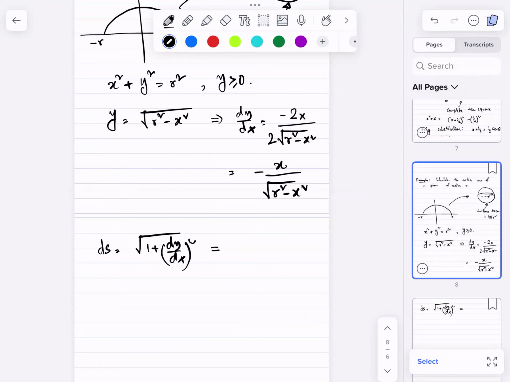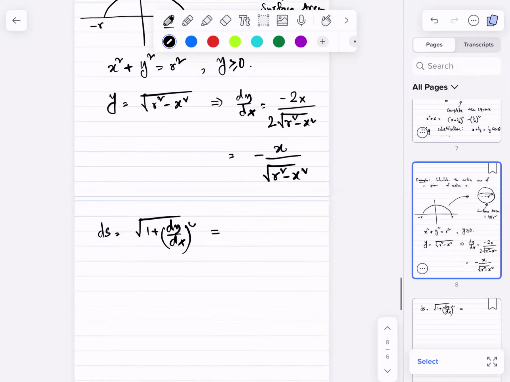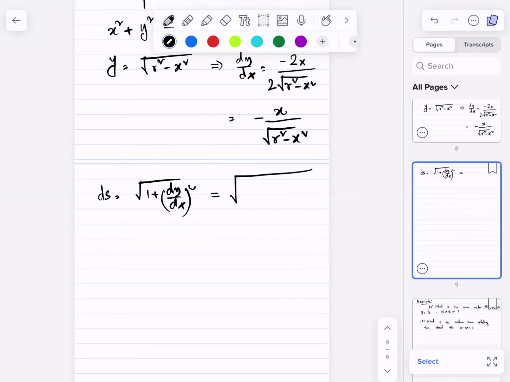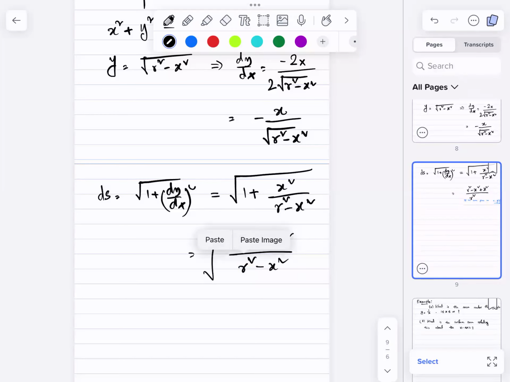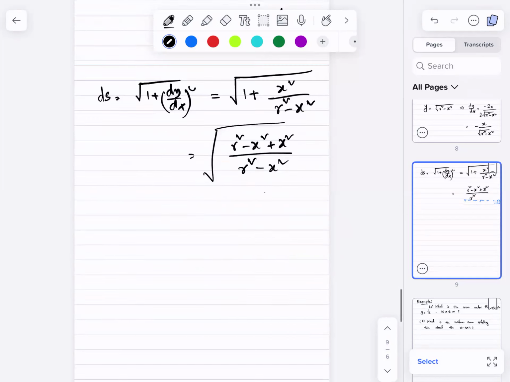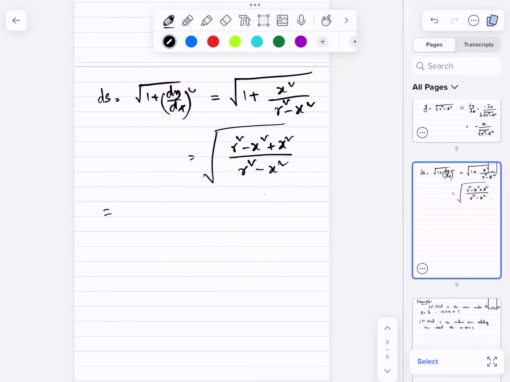Okay, cool. So ds will be the square root of 1 plus x squared over r squared minus x squared, which is just the square root of (r squared minus x squared plus x squared) over (r squared minus x squared). This is basically simple, just calculation one after another. It'll be just r over the square root of r squared minus x squared.